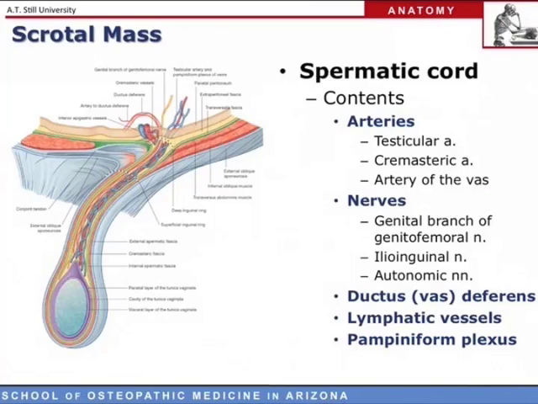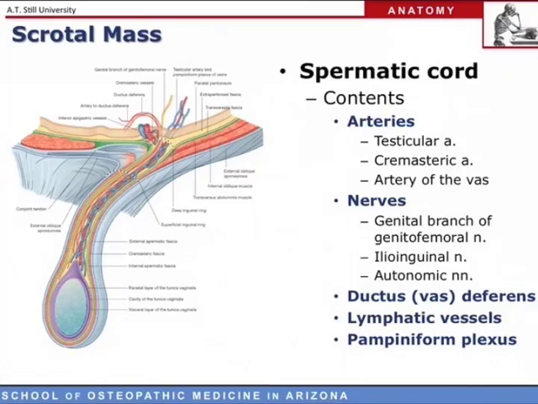So the cremaster muscle is able to elevate the testis along with the dartos muscle and tunic as well. Together the cremaster muscle and the dartos can elevate the testis and bring it closer to the body if it gets too cold, or it can relax and lower it down to maintain that 1 degree difference between the body and the testis. Okay, so that was the cremasteric artery, which supplies the cremaster muscle.